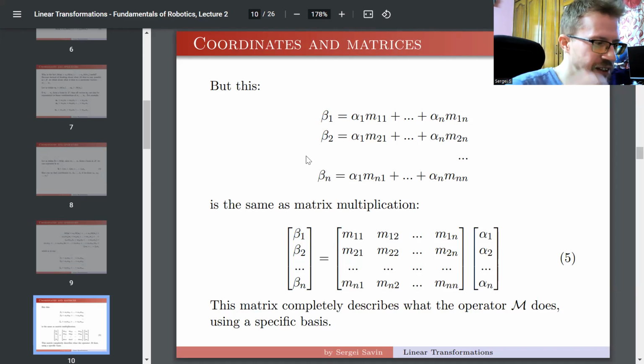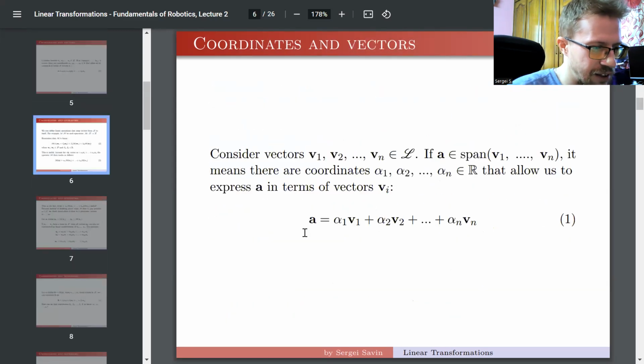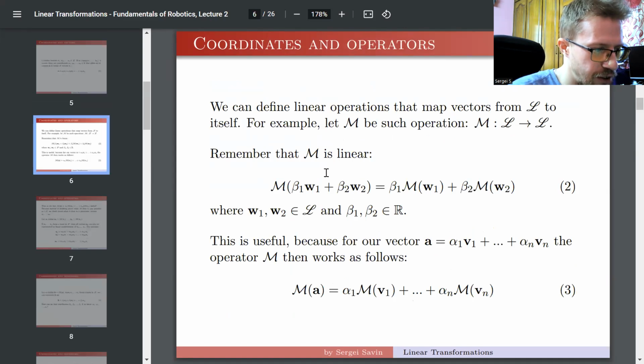What I hope this kind of drove home for you is that vector matrix multiplications explain how coordinates transform. But the original operation, M, had nothing to do with it. M could exist without those coordinates.